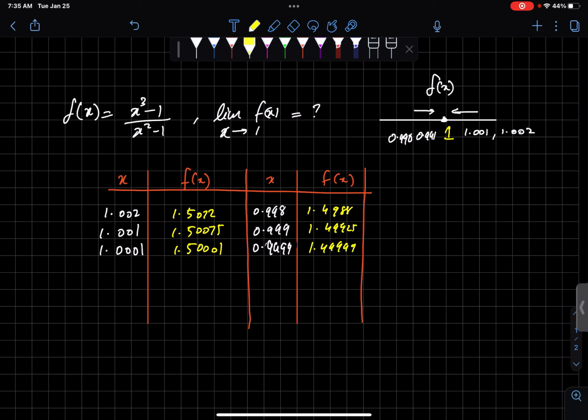As you can see, from both sides we're getting closer and closer to 1.5, right?